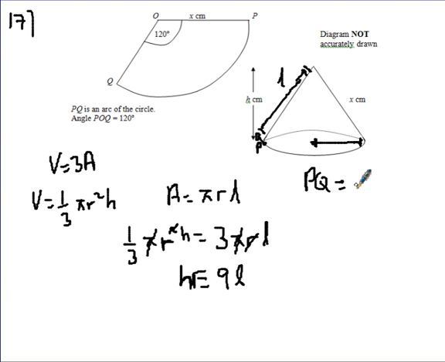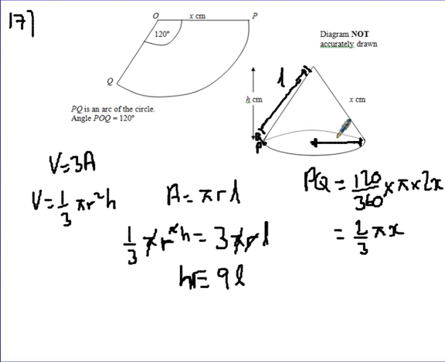Well, PQ would be 120 over 360 times by pi d. Times by pi and then d, which is 2x. So that will give me then, that cancels down to a third. So it will be 2/3 pi x.